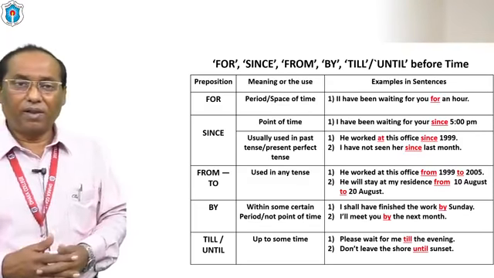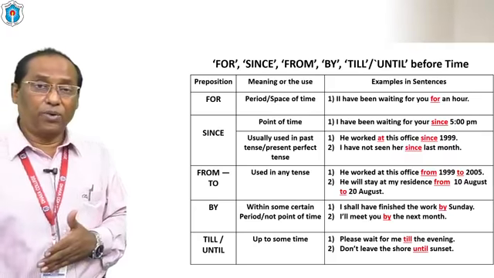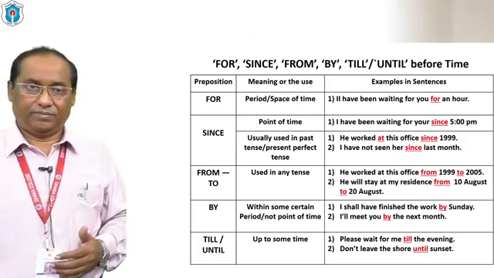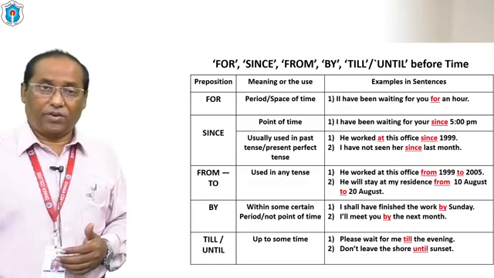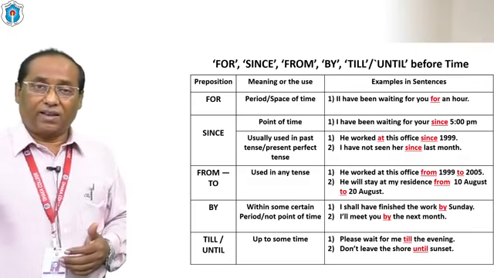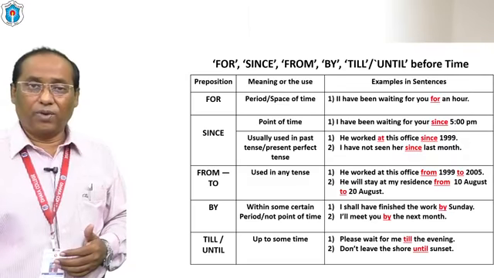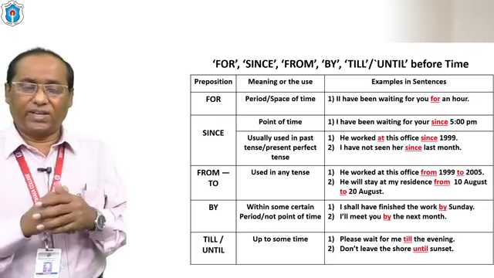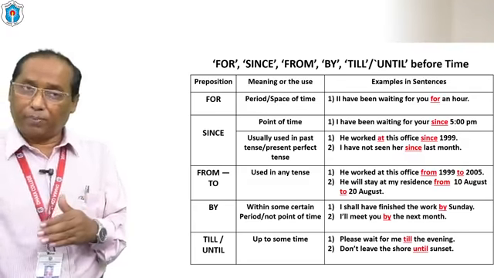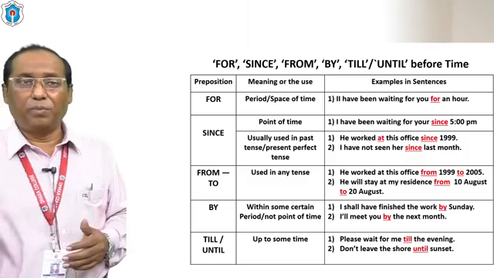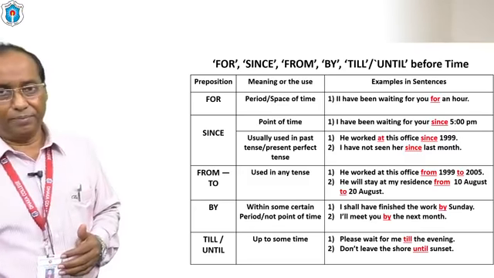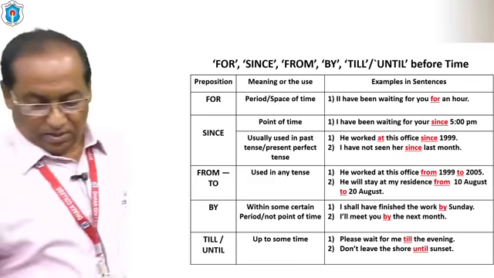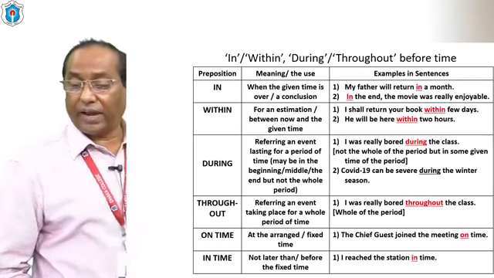As for example, I shall wait for you till the evening, or I shall wait for you until sunset. So till and until are also prepositions used to mean up to some time. Okay? Now let us shift to the next slide.